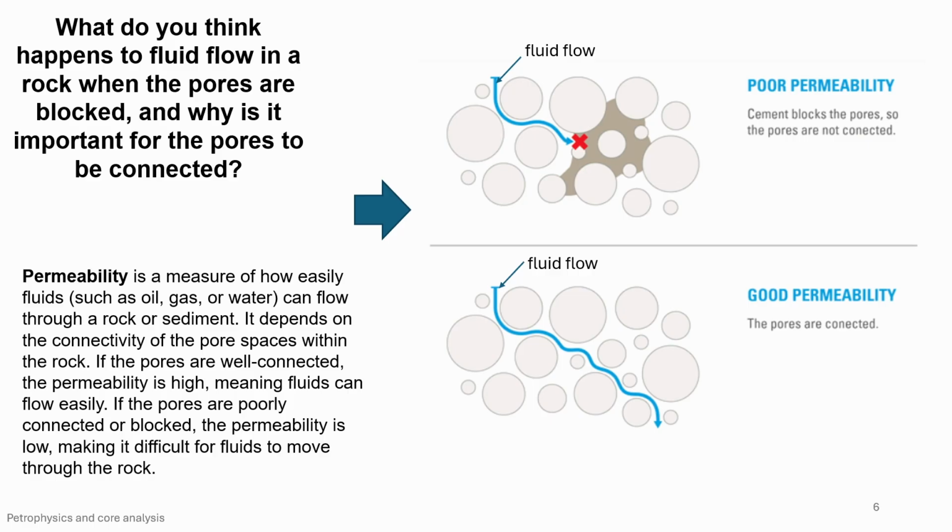On the other hand, a well-connected pore system creates continuous pathways for fluid movement, which leads to higher permeability. This concept is central in petroleum engineering because production depends not only on how much hydrocarbon is present, but also on how easily it can be delivered to the wellbore. So here, the main teaching point is, porosity means storage, permeability means flow capacity.